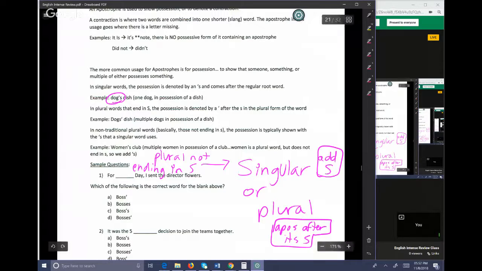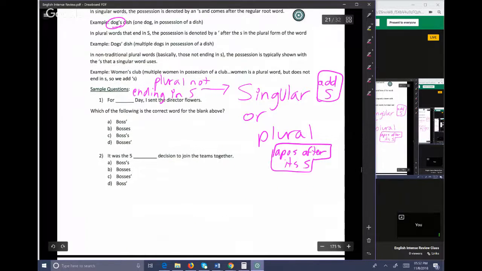If it is both plural and ends in an S, that's the only instance where we do something different. And that something different is we leave the word alone. We just toss an apostrophe at the very end after the S that was already in place. So we have 3 word categories.